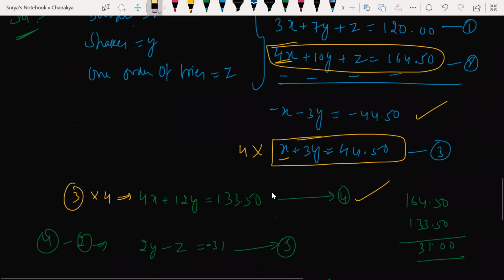Then we get x and y, like the remainders, the leftovers.